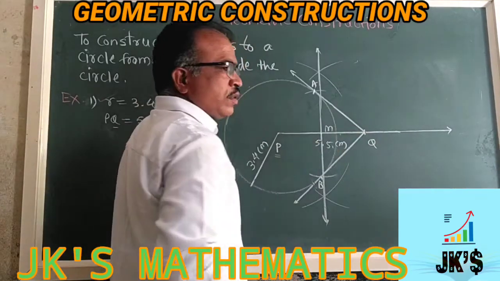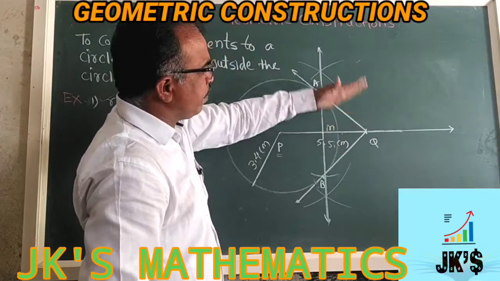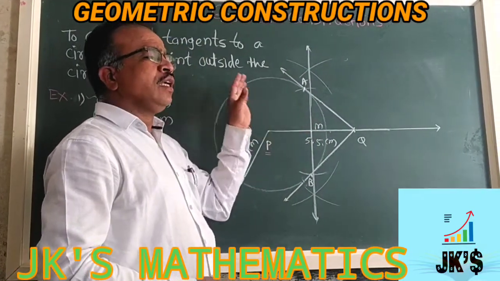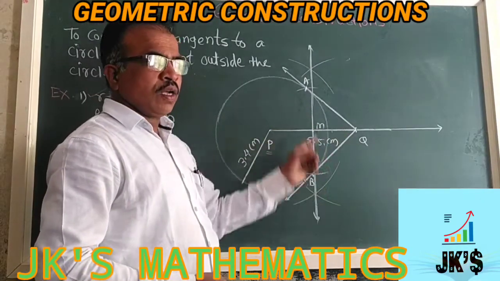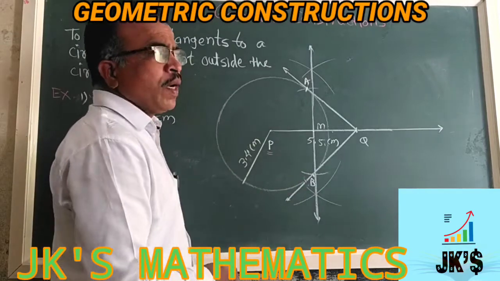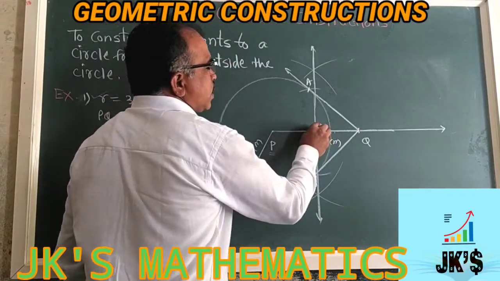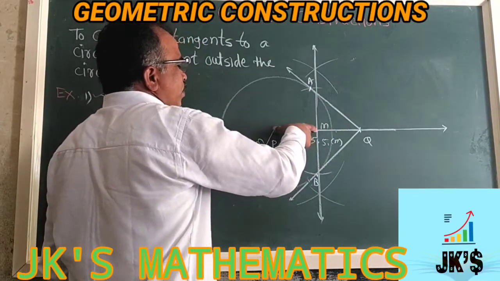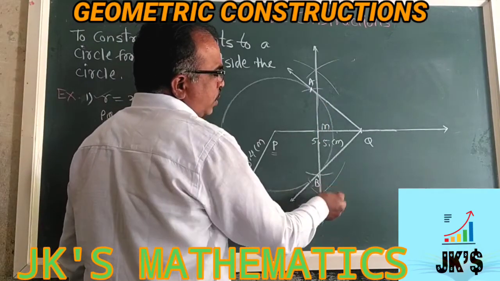Q is taken. Now, draw the perpendicular bisector of this segment PQ like this by taking slightly greater than the half of the length PQ. By taking this M as the center, and MP as the radius, make two arcs on the circle.